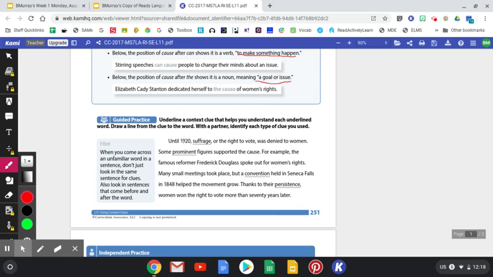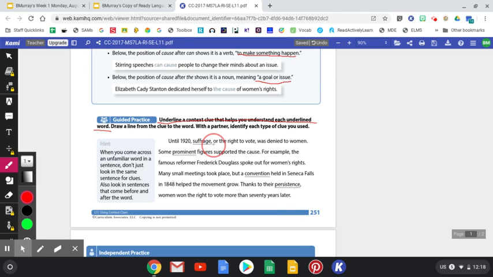So remember, we're going to underline the context clue that helps you understand each underlined word. And then you're going to draw a line from the clue to the word. For example, until 1920, suffrage or the right to vote was denied to women.